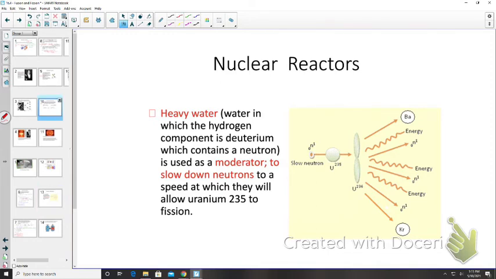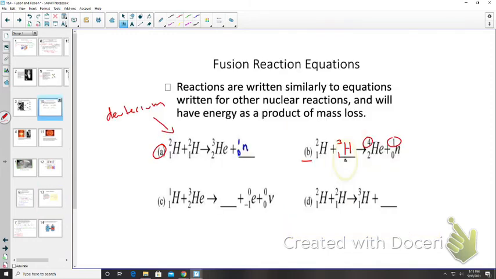Okay, so let's go ahead and predict the products on C and D. So for C, going in, I have a mass number of 4 and an atomic number of 3. So I know that my mass... Okay, the recording just paused there, so I'm not too sure what cut off.